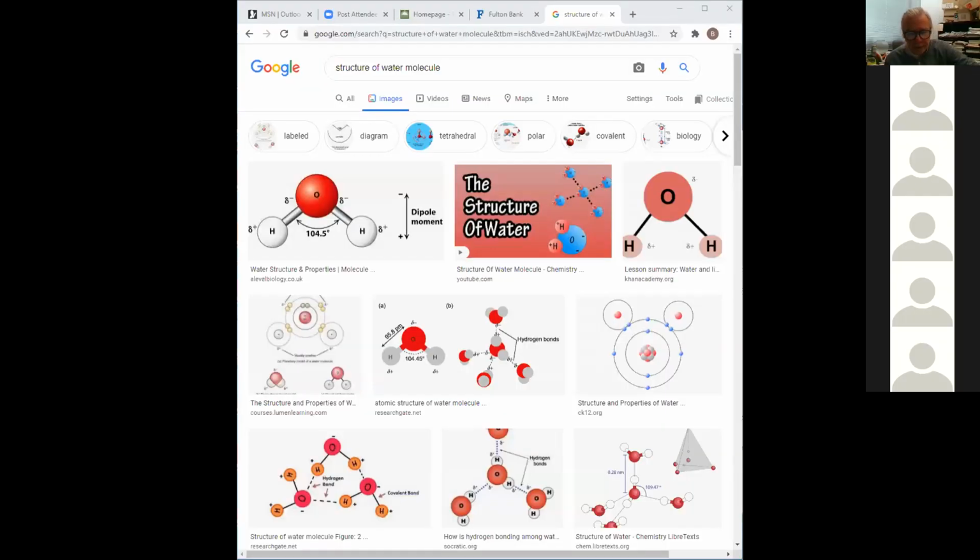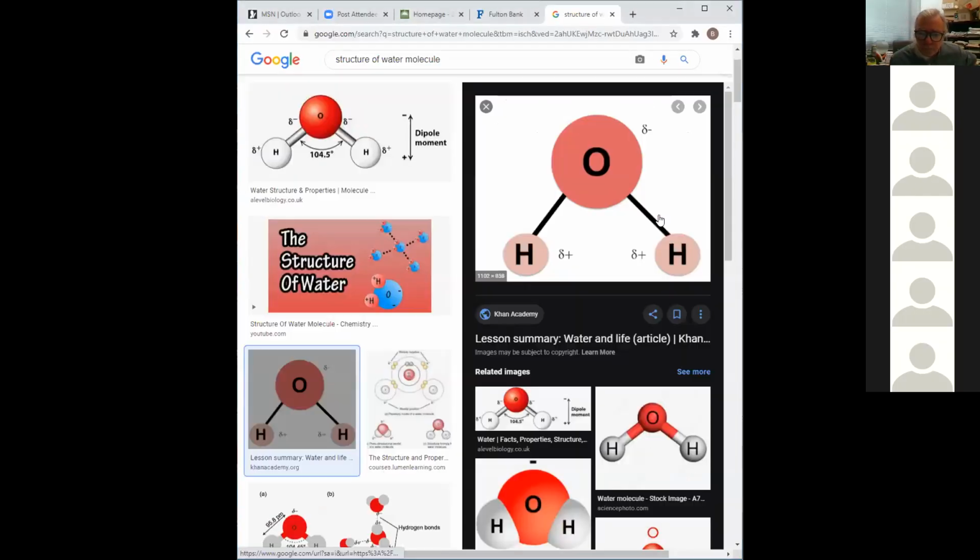So the structure of water is like this. This is how you draw them. You don't have to draw the balls. You could just write O, and draw a line between the O and the H, which represents a single covalent bond.